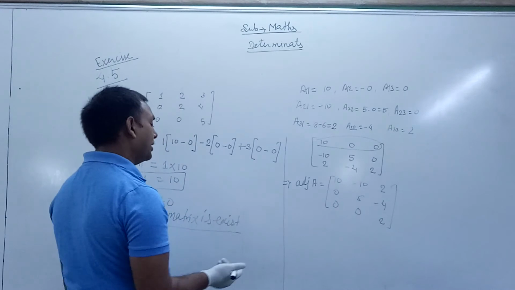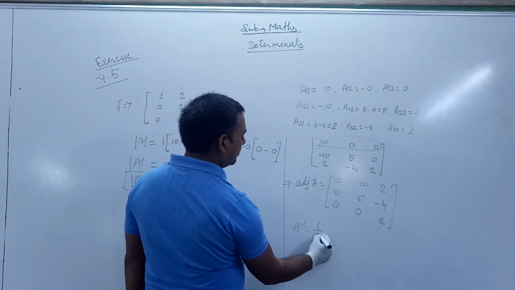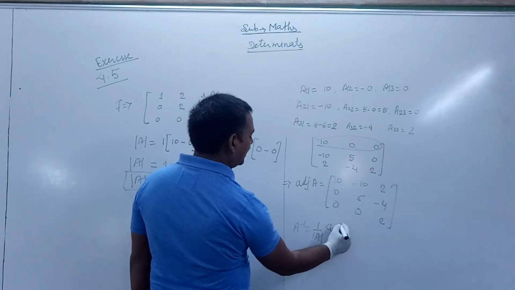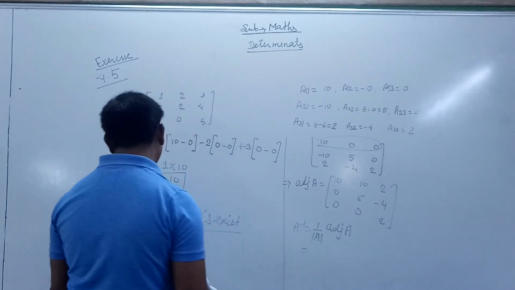After that, how can you find A inverse? A inverse is equal to 1 upon mod A times adjoint of A. The value of mod A is equal to 10.